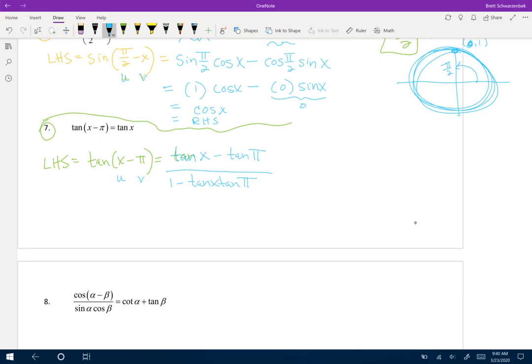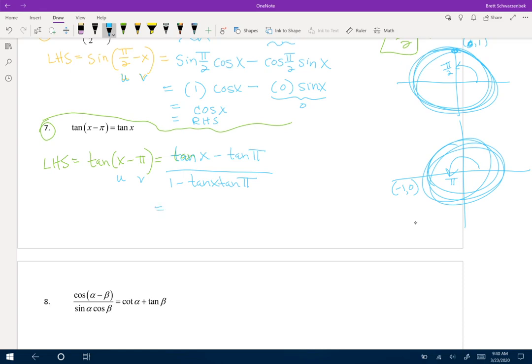Okay, so if you look at this closely, let's look at our unit circle. Pi is a half rotation, so this is pi. So over here, we have the coordinate (-1, 0), so we now can do our evaluation pretty easily.